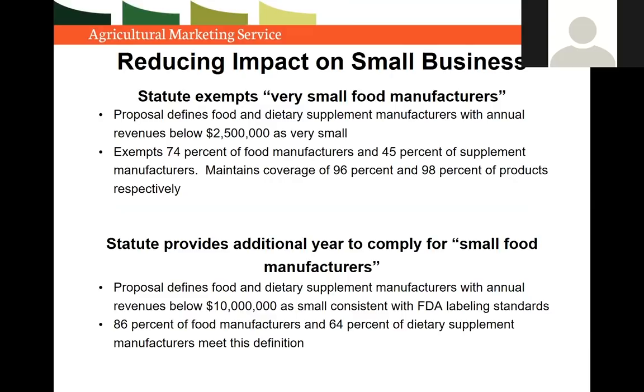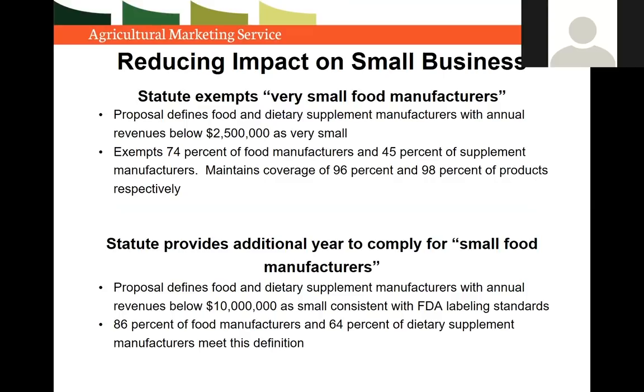The statute also provides additional compliance time for small food manufacturers. Small food manufacturers have an additional year to label their products. This extension can significantly reduce the cost of printing and applying labels because it gives manufacturers time to use up existing label stock, thereby reducing waste. However, the extension does not reduce administrative costs of compliance.